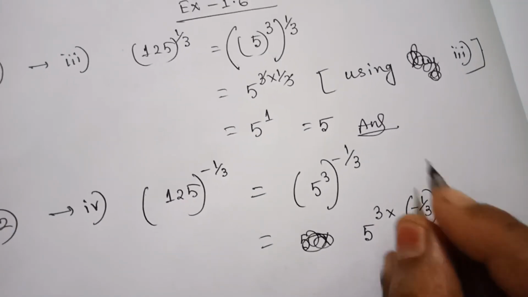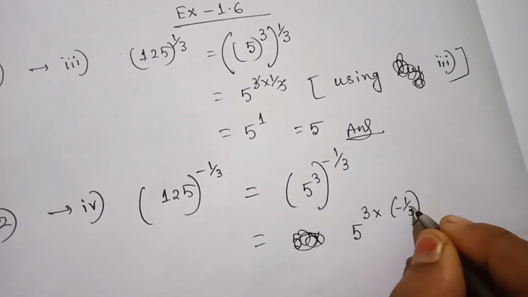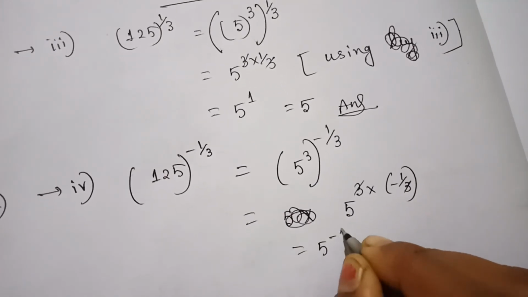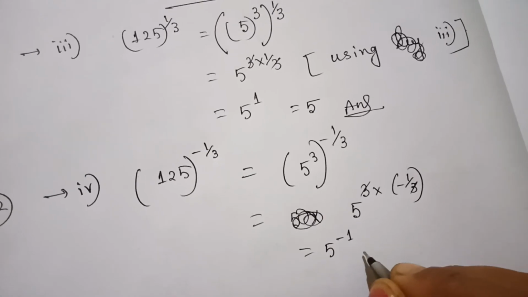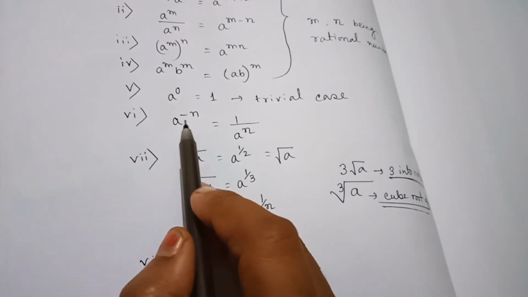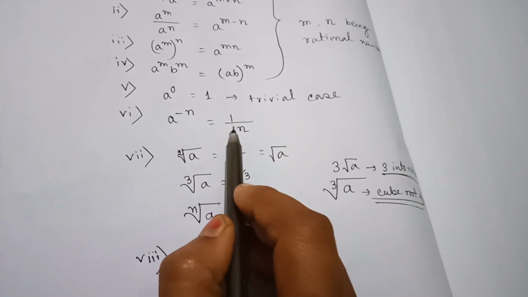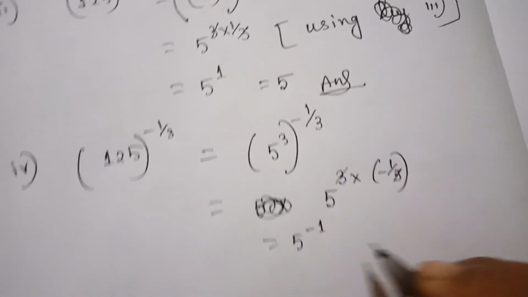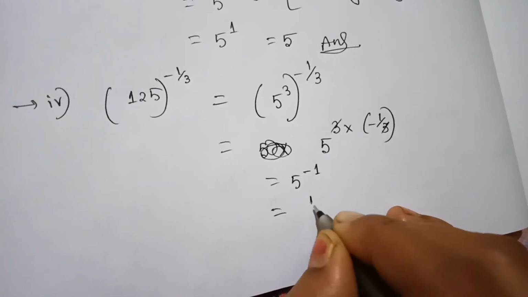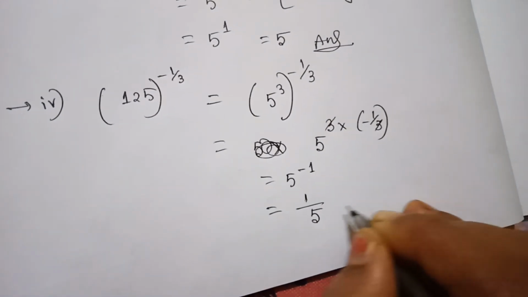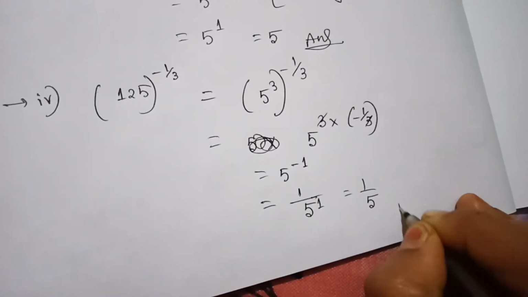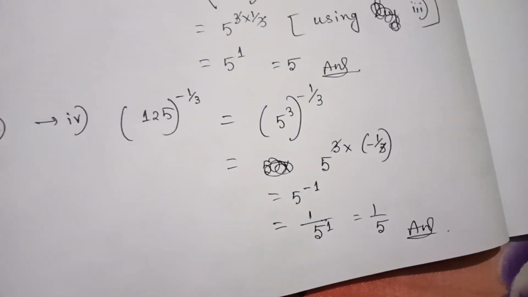Same formula, so the 3 will be cancelled out. We are getting 5 to the power minus 1. 5 to the power minus 1 means 1 by 5 to the power 1, using that formula, and it means 1 by 5. So that's the answer.